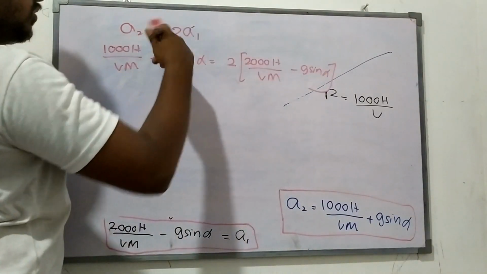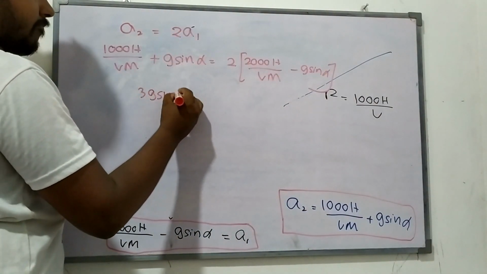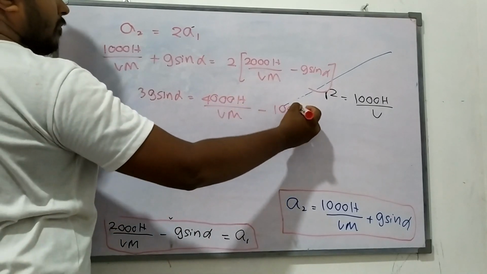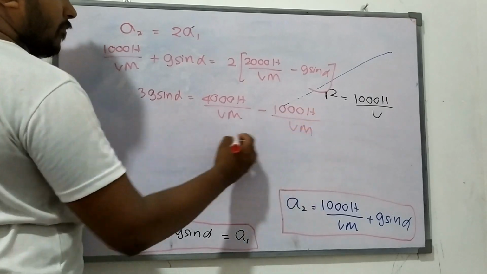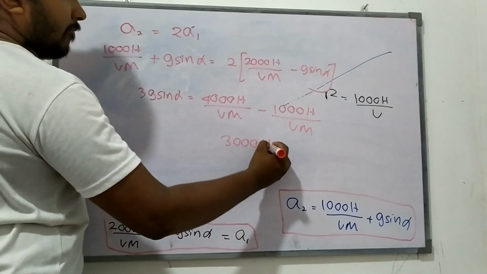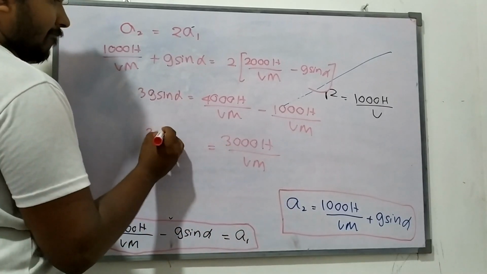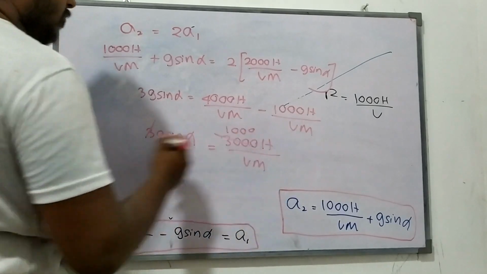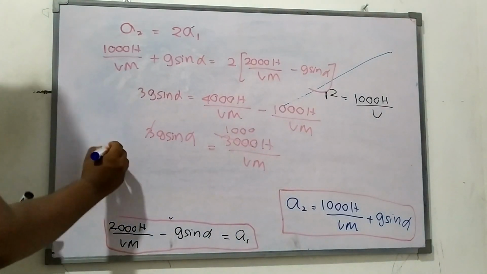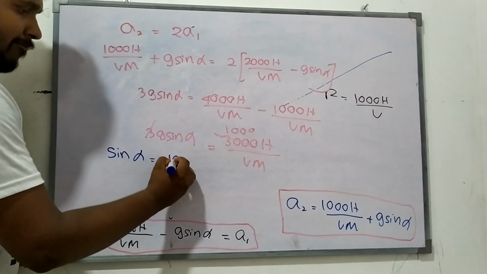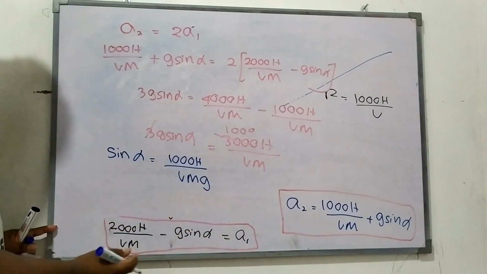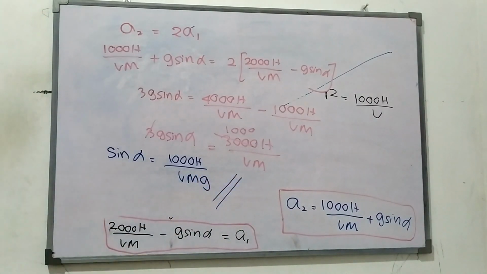This is 2g, then 3g sin alpha equals 4000 H over V, minus 3000. This is the value of sin alpha.